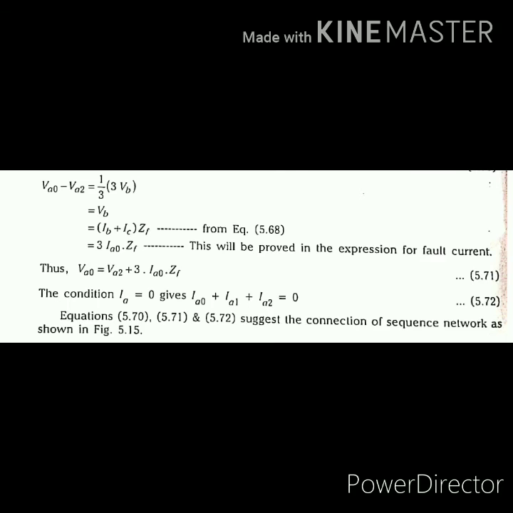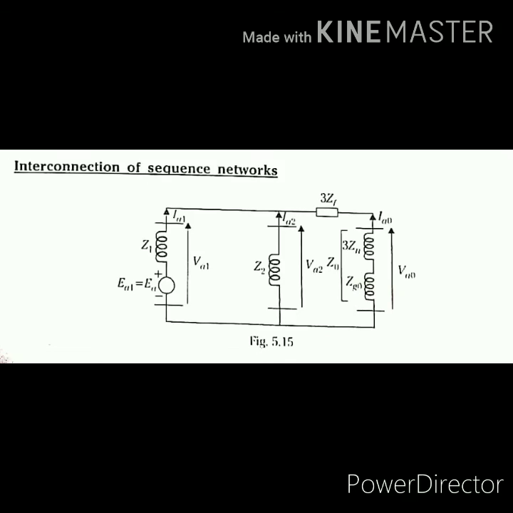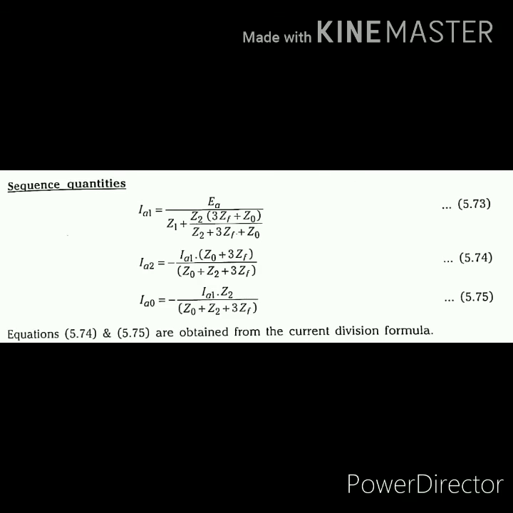So IA is 0, therefore the sum of the sequence currents is also 0. So now again it suggests a parallel connection as we have seen previously, but including a fault impedance 3 times ZF.